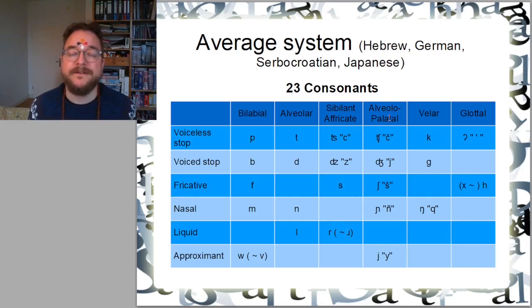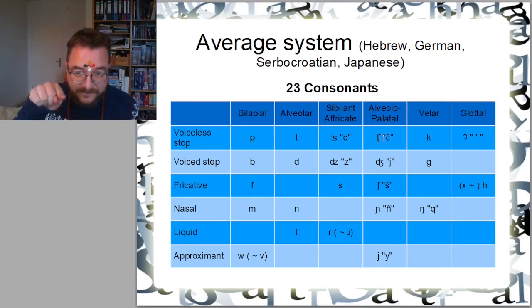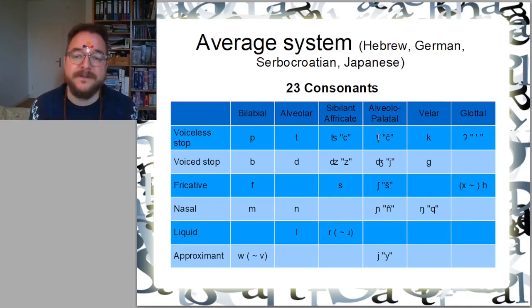Then the alveolo-palatal sounds. Again, this is an affricate. Cha, acha, ach. In the written form, it has this háček, this turned over hat on it, or this hook on it, and in IPA it's this sign.